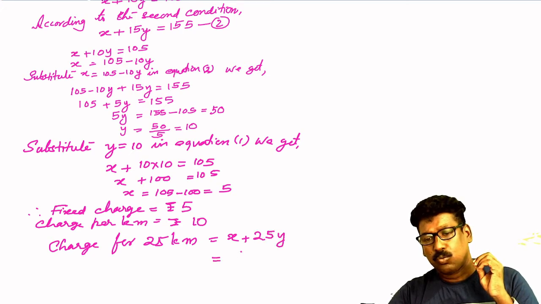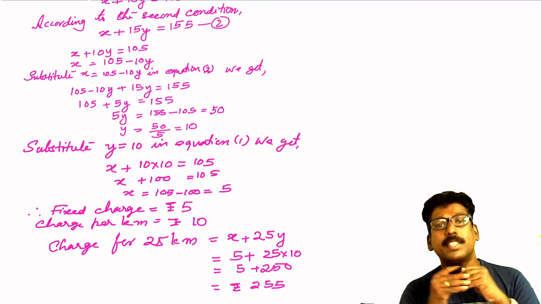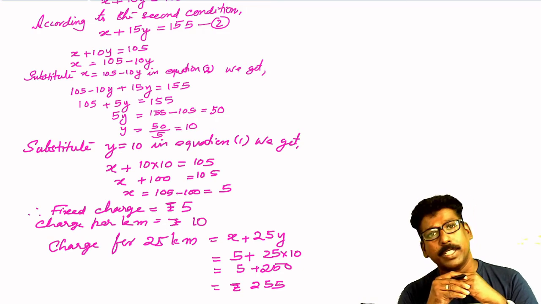That is 5 plus 25 into 10, y is equal to 10, which is equal to 5 plus 250 is equal to rupees 255. This is the charge for 25 kilometers.